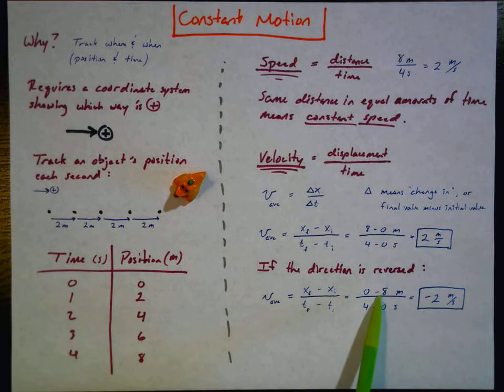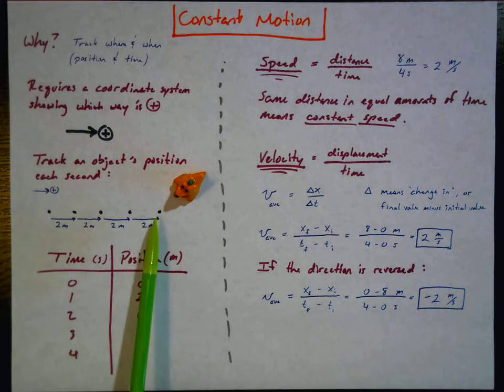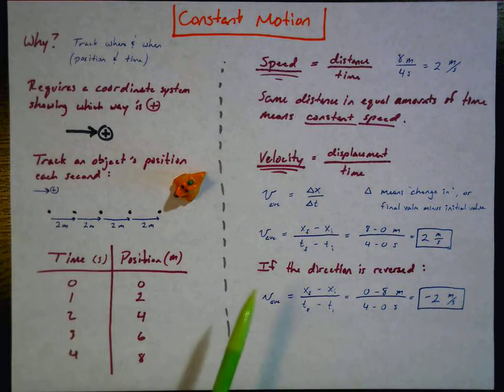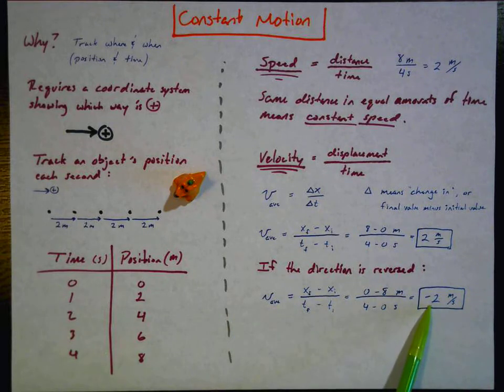So this becomes negative 8 divided by 4, and the answer is negative 2 meters per second. This is different. Now if we look at how fast Mrs. Kangaroo was going, her speed, she still went the same distance, 8 meters, in the same time, 4 seconds. Her speed would be the same, 2 meters per second, but her velocity is negative 2 meters per second.